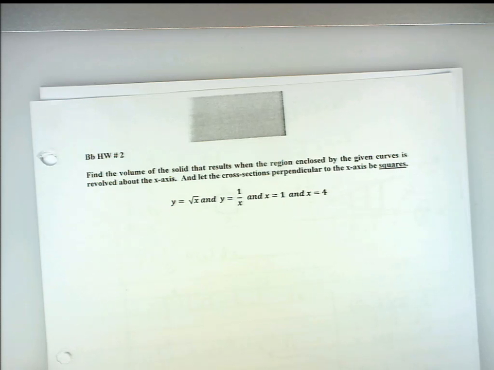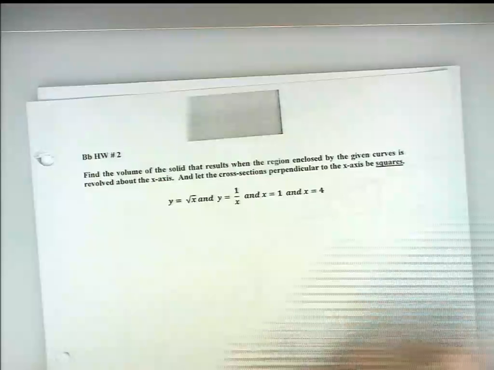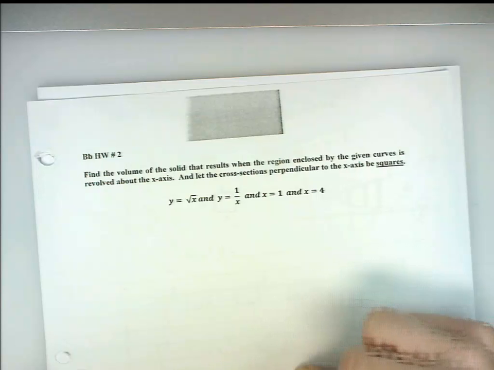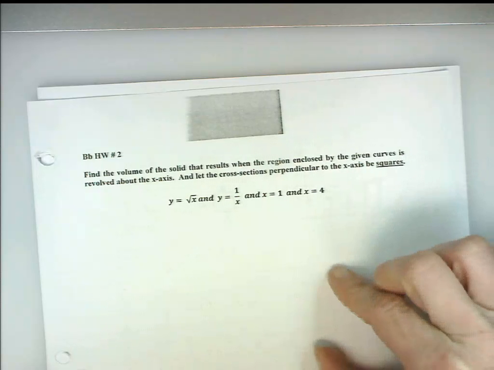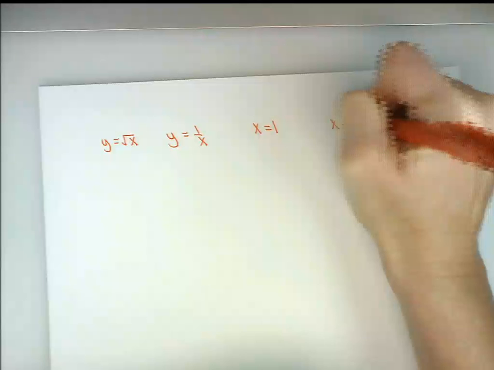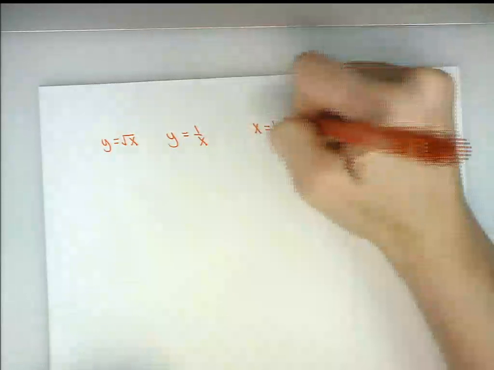It's multiple answer, it will tell you if you do this next and follow the directions. y equals 1 over x, and x is equal to 1, and x is equal to 4. So basically x equals 1 to 4.